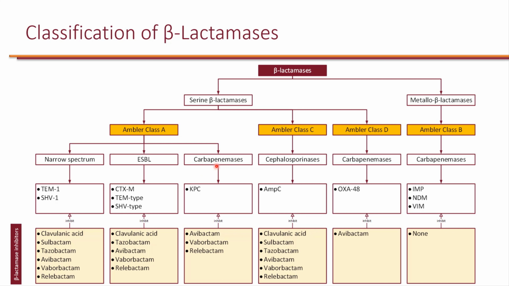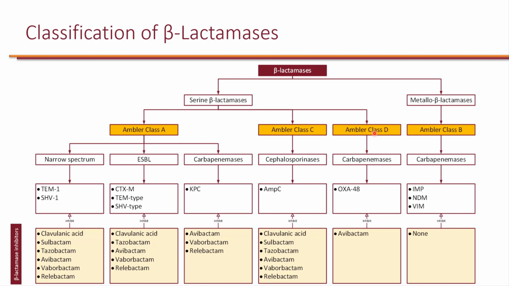They do. Now, AMR class C, for the most part, is cephalosporinases, AmpC, and they do break down one carbapenem, imipenem, but they cannot break down meropenem or doripenem. And fortunately, many of these beta-lactamase inhibitors can actually inhibit AmpC.